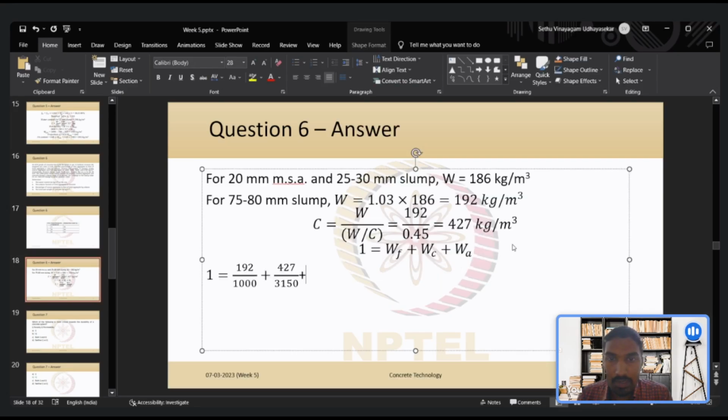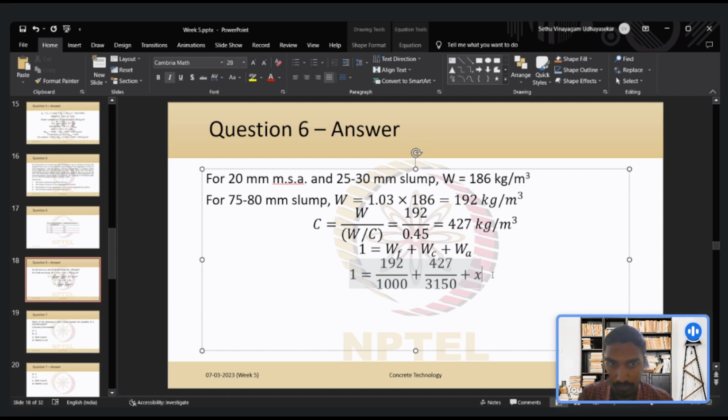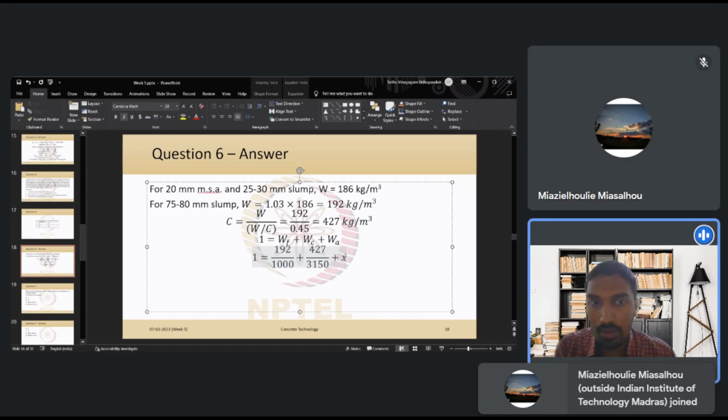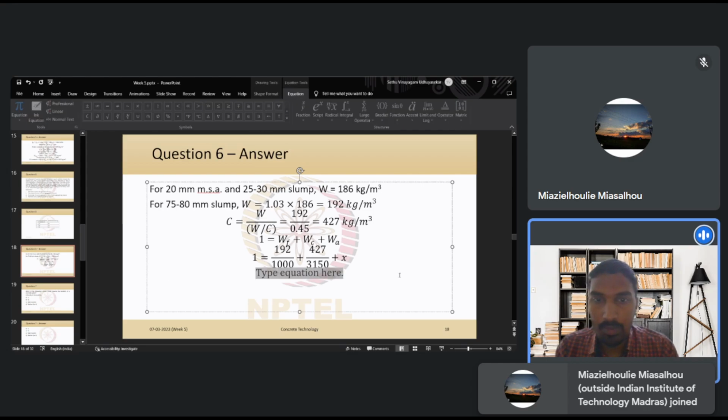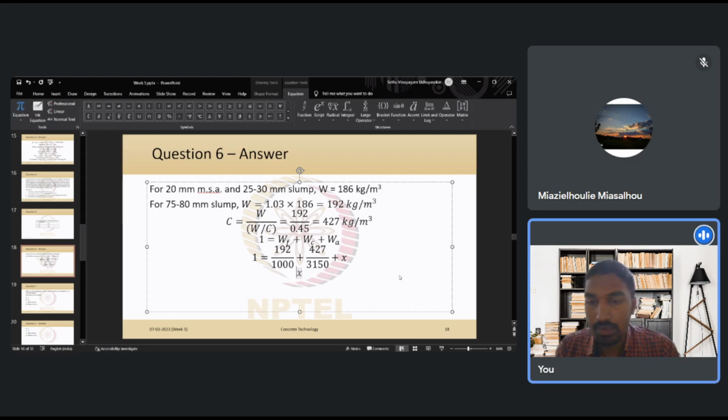And then whatever is remaining, let us call that X. This X is the volume fraction for the total aggregate in the concrete, and that is what we want to find out. So X is nothing but the volume fraction of total aggregate.